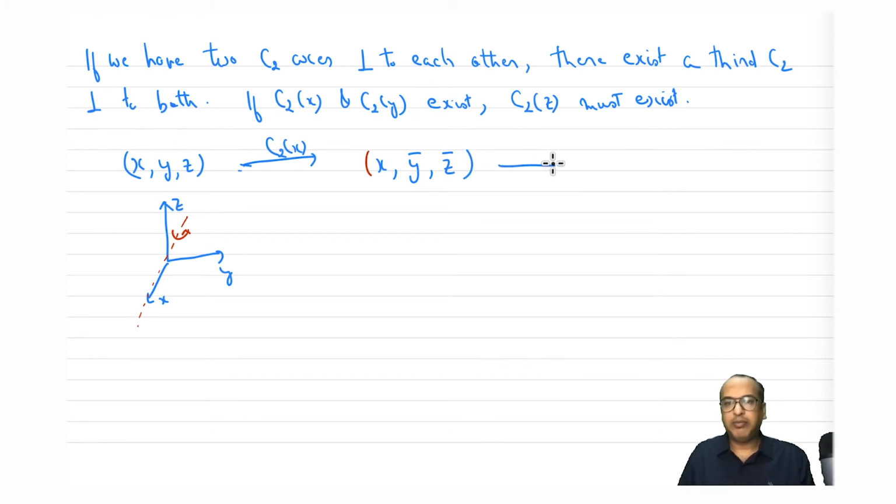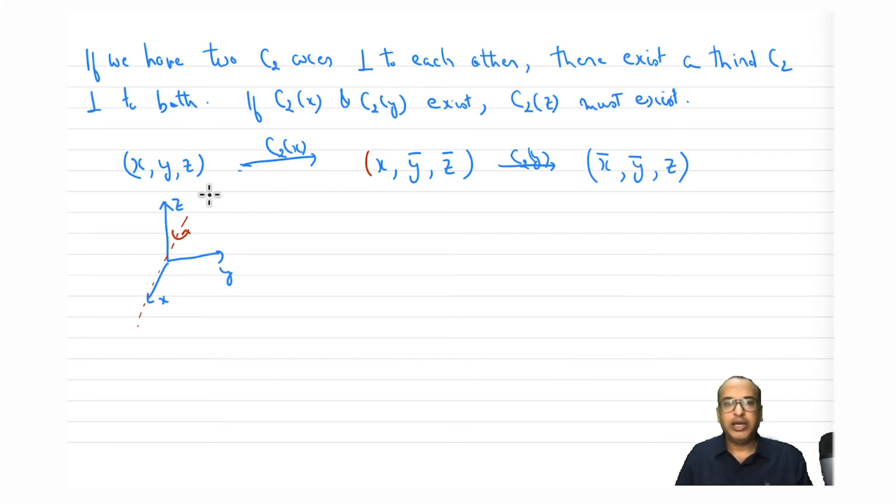Now similarly, if I apply C2y, x goes to minus x, minus y remains as minus y, and minus z goes to plus z. I hope this is very clear. Here I have used the C2 y axis, so y remains where it was and x and z change their sign.